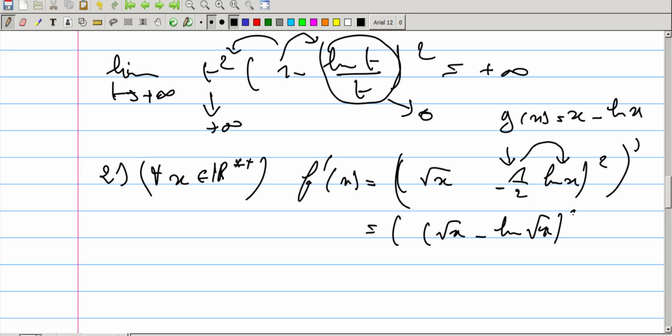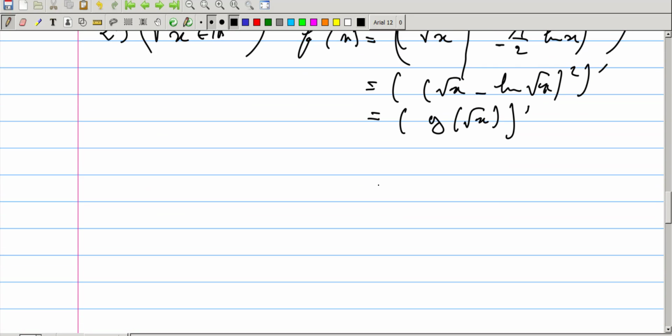In the argument, so it refers to g of square root of x. It's not g of x, it's g of square root of x. Cool, we will write it here, g of square root of x. So we are speaking about g, not the derivative of g now.